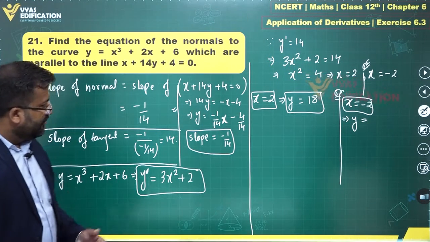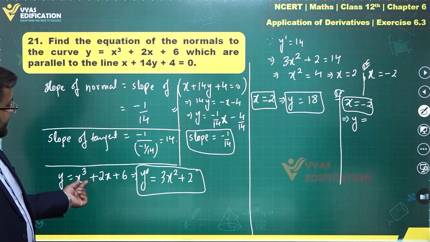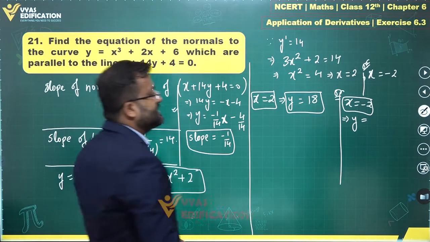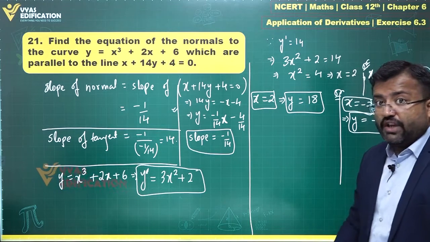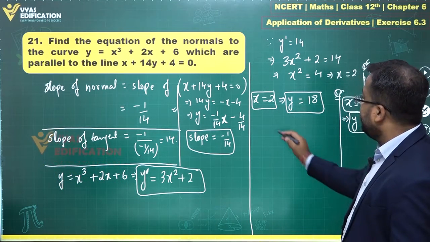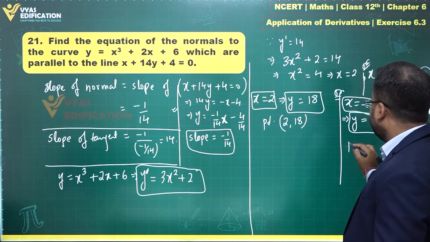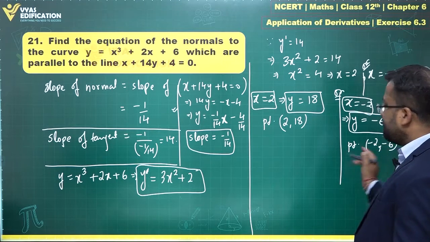Using this equation, once again, what you'll get is minus 8 minus 4, which is minus 12, plus 6 is minus 6. This tells me y equals minus 6. Okay, so the point is 2 comma 18, and here the point is minus 2 comma minus 6, but that's only one information.